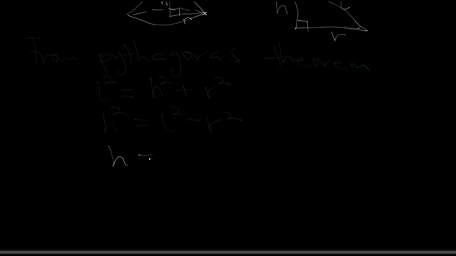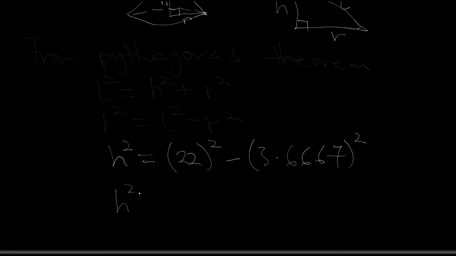So h squared becomes l, which is 22 squared, minus r, which is 3.6667 squared.